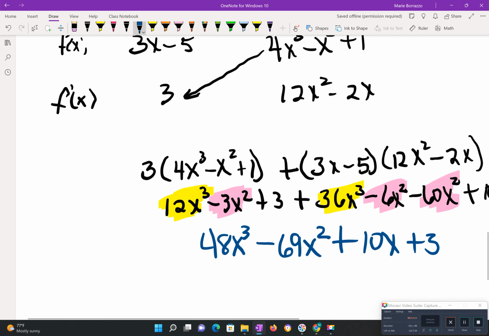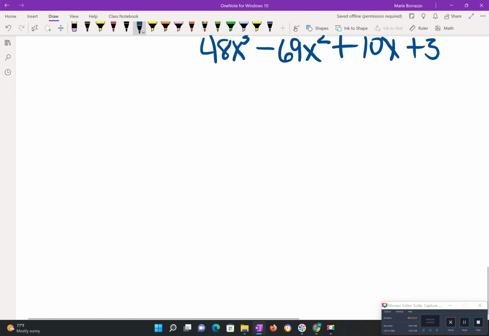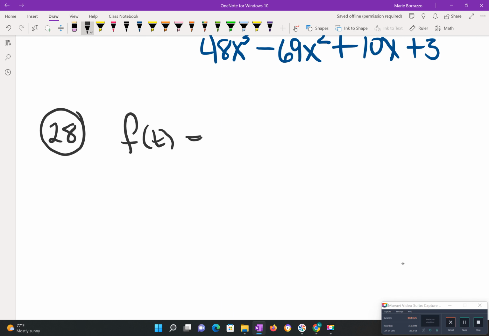All right. Number 28. In number 28, we have find the first derivative. They're giving us f of t is equal to 0.4t times 5t squared plus 1.